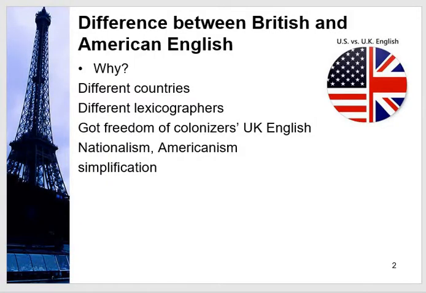First of all, we want to explore why they are different. Why do we find separate British and American varieties? In reality, they are two different established countries, so the language should be different.